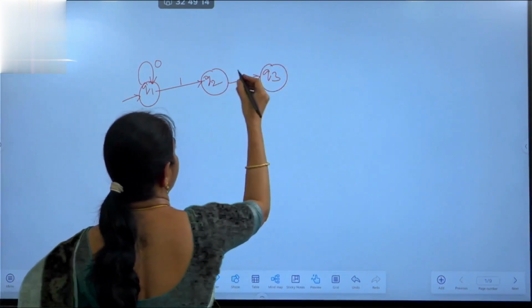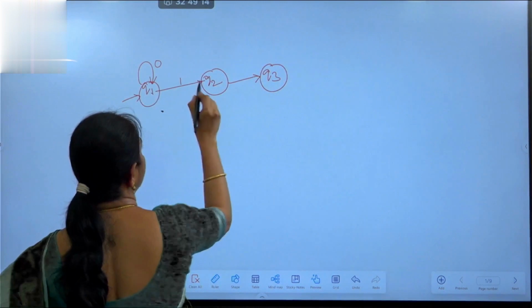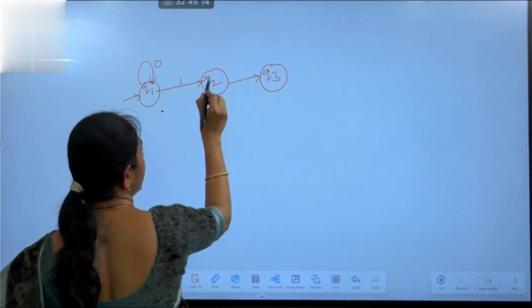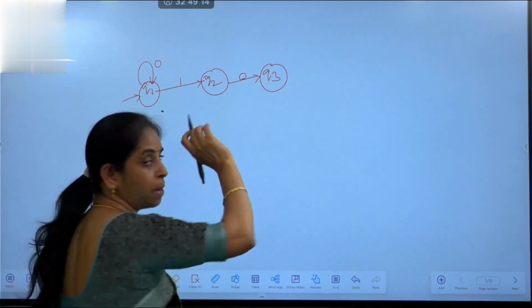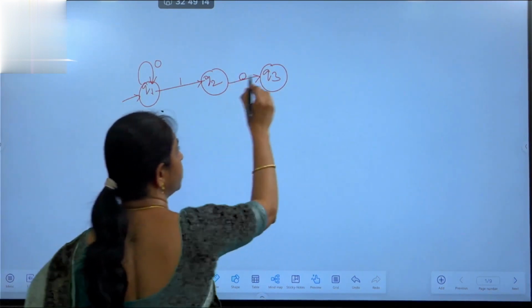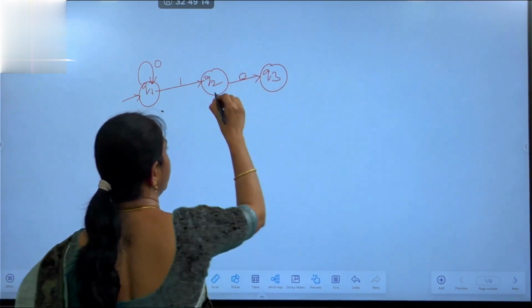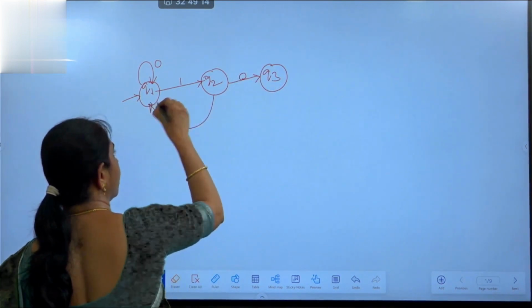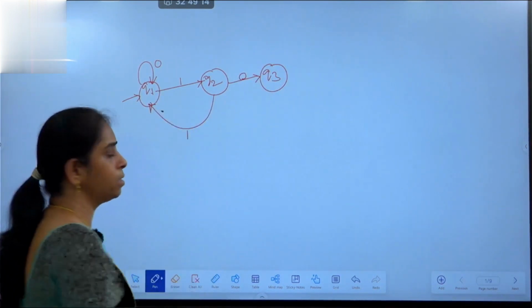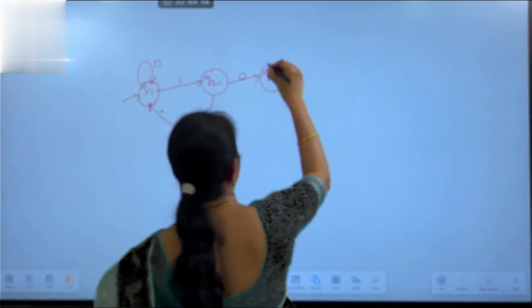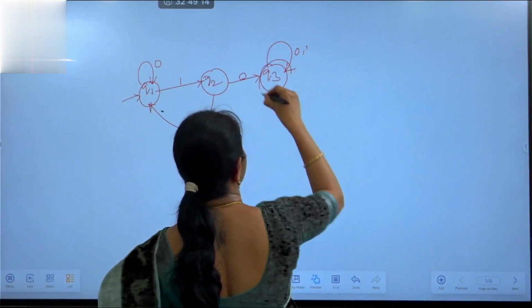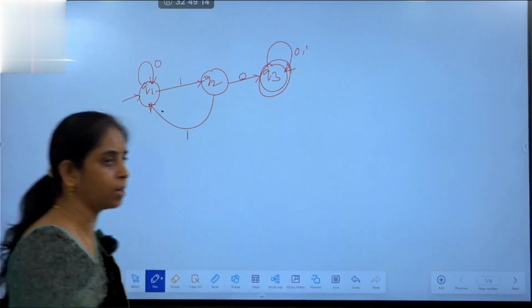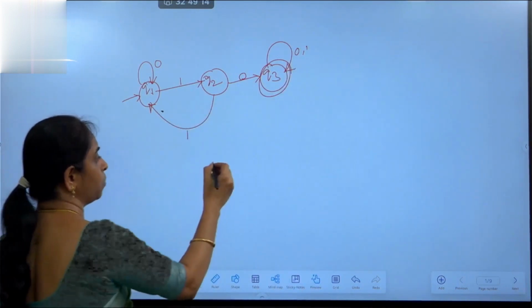Taking the example on input alphabet 0, we come to Q3; on input alphabet 1, the next state is Q1. For Q3, on both input alphabets we stay at Q3 itself. Now let's draw the transition table.